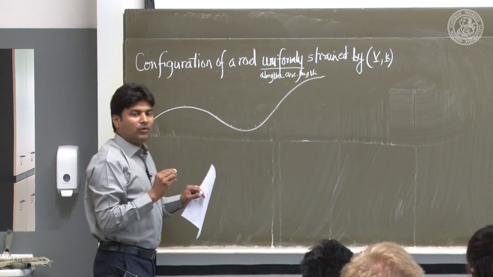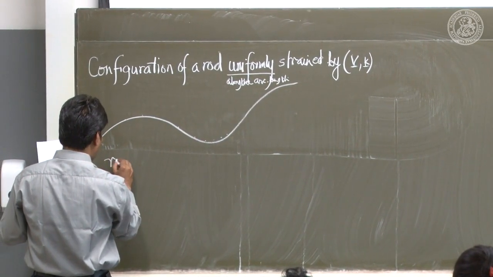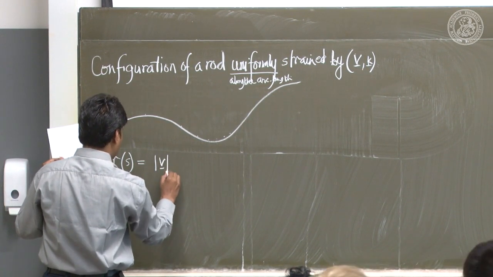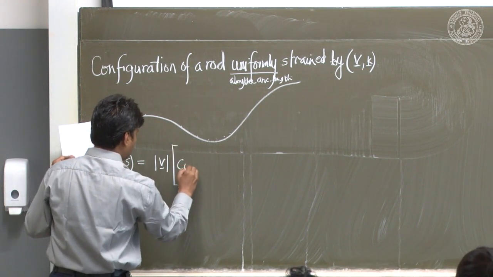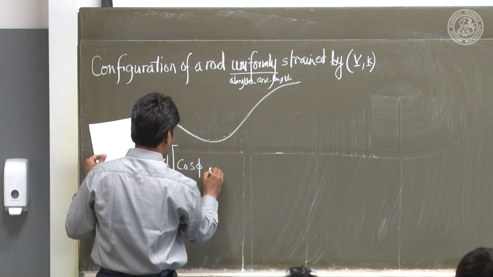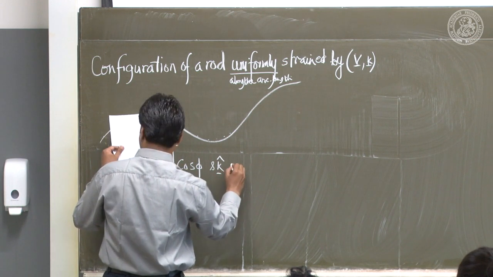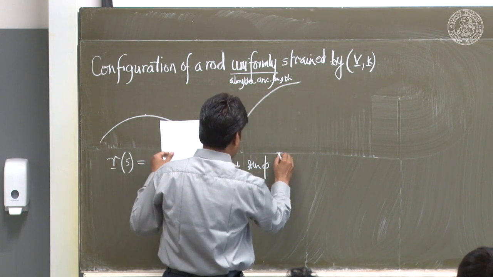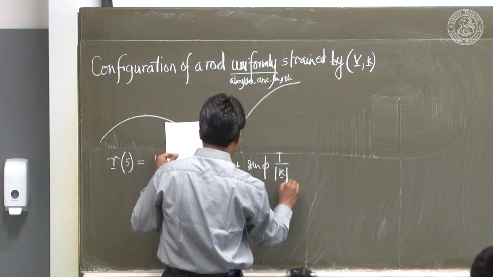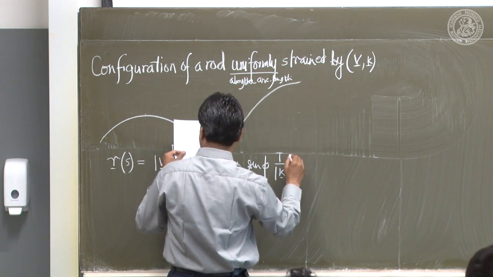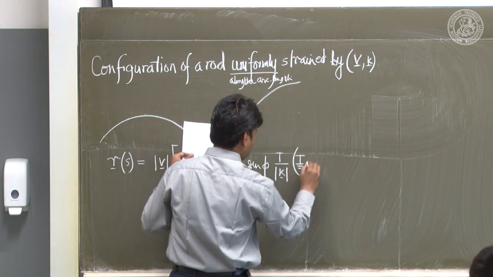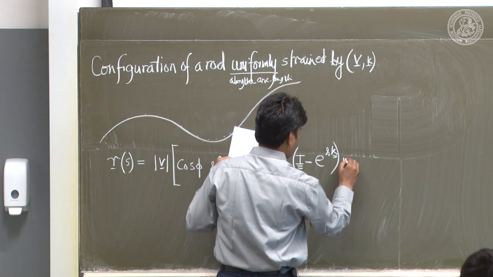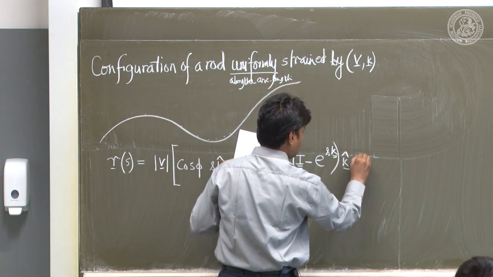Okay, and we found the analytical formula for the center line, which was little r of s equals magnitude of v times cosine of phi times s times k hat plus sine of phi into 1 over magnitude of k into identity minus e to the power s k, k hat cross k hat perp.